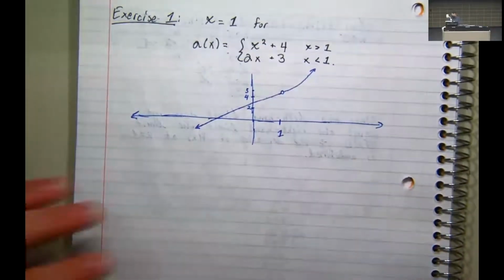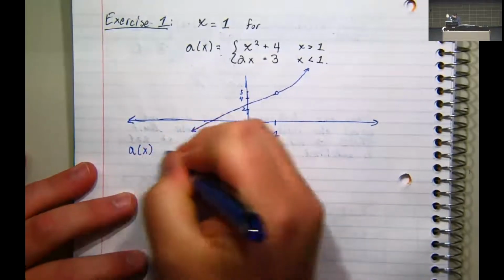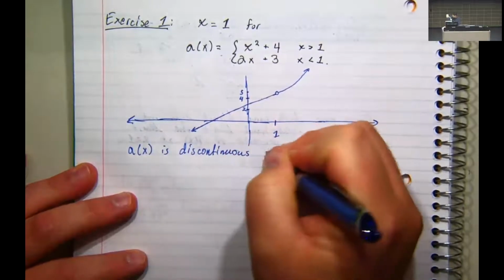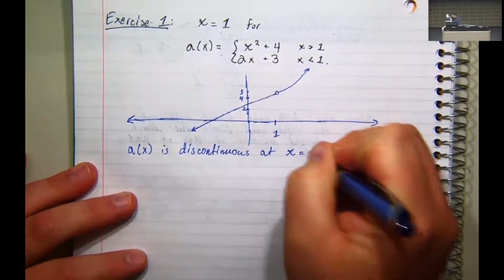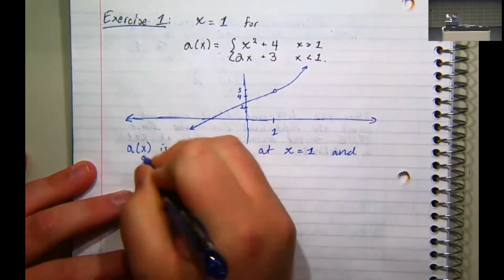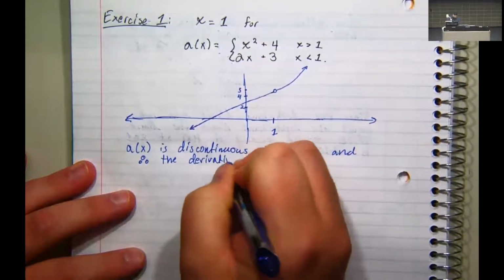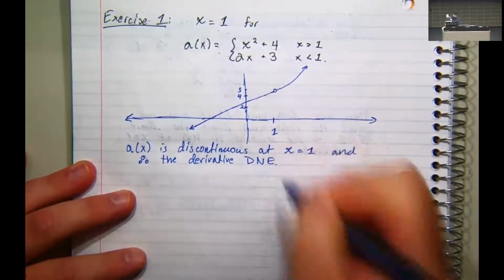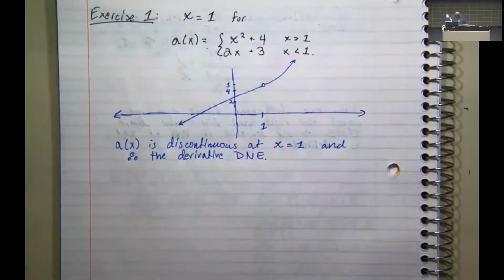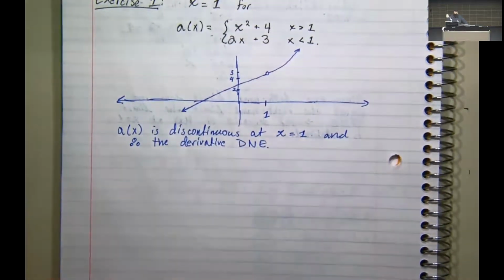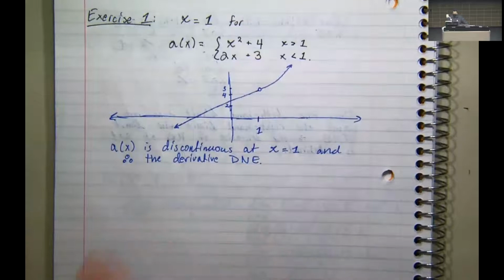So right off the bat, we could just say a to the x is discontinuous at x equals 1, and therefore the derivative does not exist. That would be a valid explanation. We have that theorem from notes. Let's pretend we didn't notice that and see what would happen when we went through and did it.